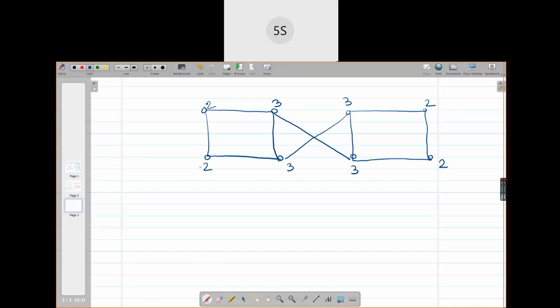So there are 4 vertices whose degree is 2. So choose any vertex and delete all the edges which are incident on a single vertex. If I choose this particular vertex and delete these 2 edges, the graph becomes disconnected.